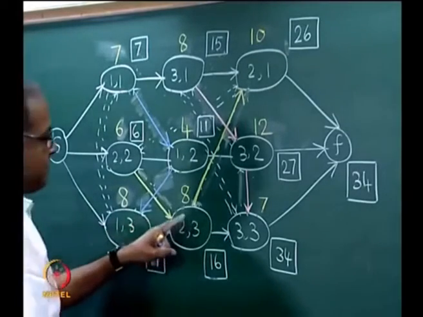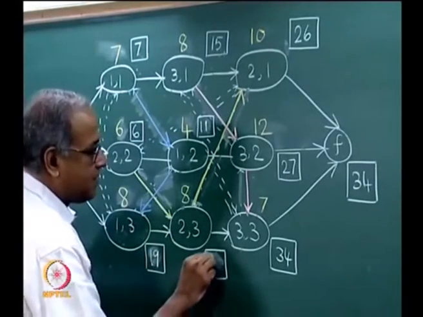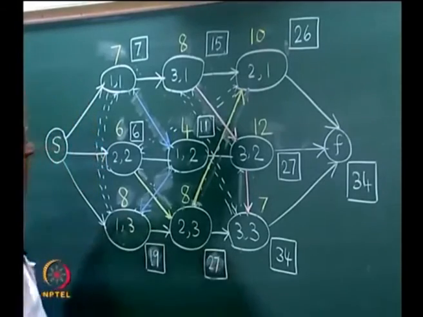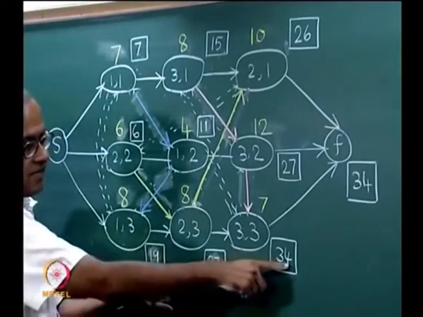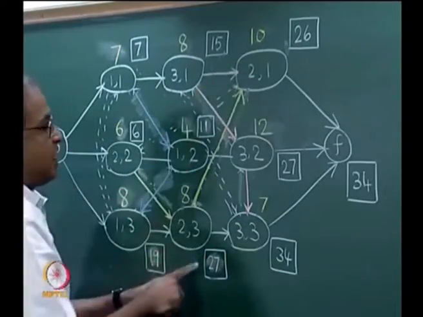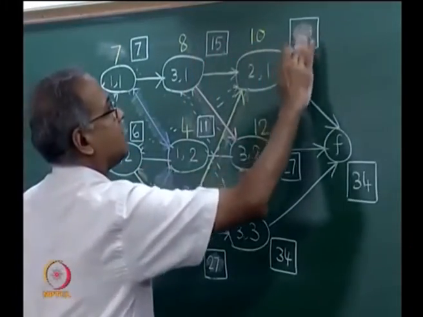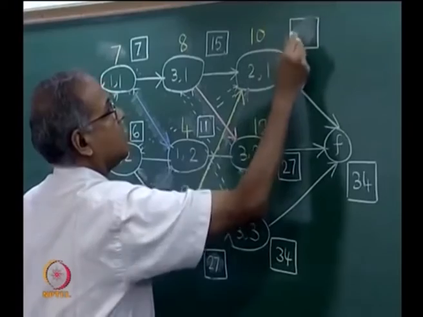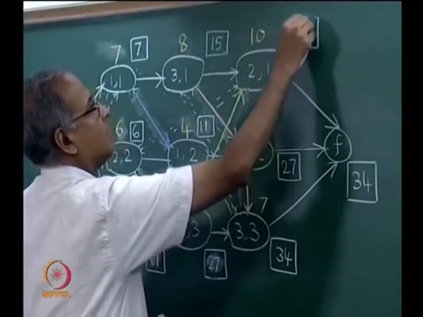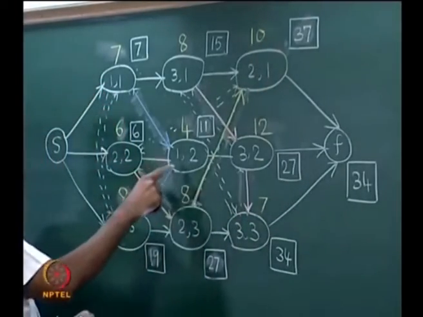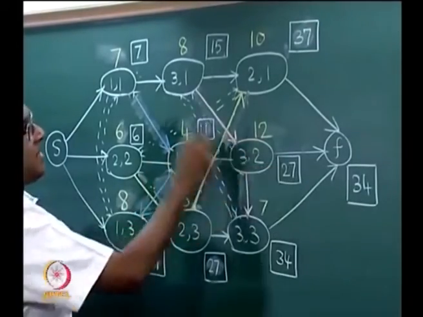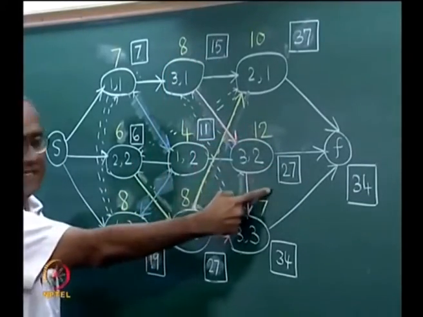So, this will become 19 plus 8, 27, 27 plus 7, 34, but 27 plus 10 will become 37 here. Now, this one will become 11 plus 12, 23, 15 plus 12, 27.